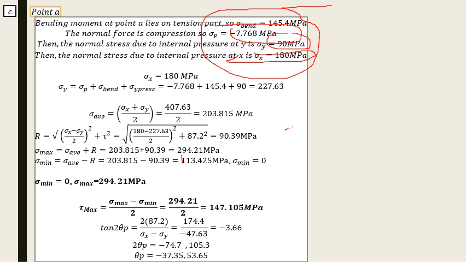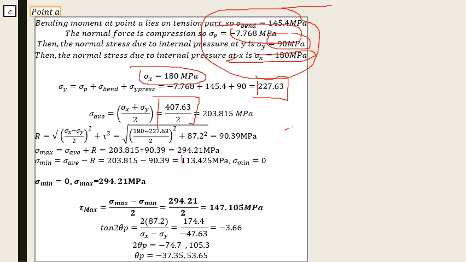To determine the principal stress, we determine sigma X and sigma Y, where sigma X is this 180 and sigma Y is the summation of sigma bending, sigma P, and sigma Y pressure. I got this value, 227.680 megapascal. Then to determine sigma max and sigma min, the first thing you can do is determine the sigma average and R. This is the sigma average.